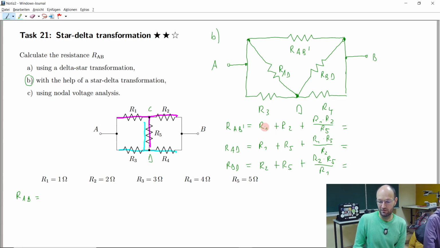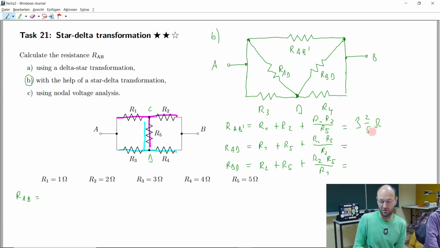And luckily here this is simple, so this is 1 plus 2 is 3, and this is 2 over 5. So maybe I will just write it like this, that it is 3 plus 2 over 5 ohm.